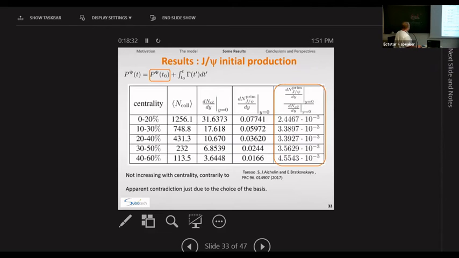Now we can also look at absolute numbers, and what you see if you look at the ratio of those primordial J/psi, so that are early formed, with respect to the total number of c-cbar pairs, in fact, they do not scale, and contrarily to what Tessot, Elena, and Jorg have found, in a more central collision, this ratio is even decreasing. And the reason is simply because we are not considering the same basis. We are considering a basis that is local in temperature.